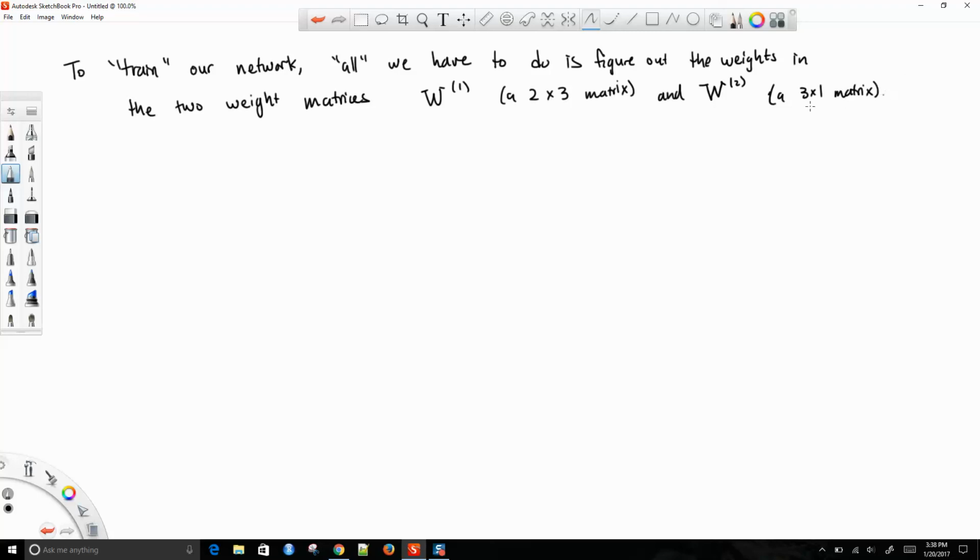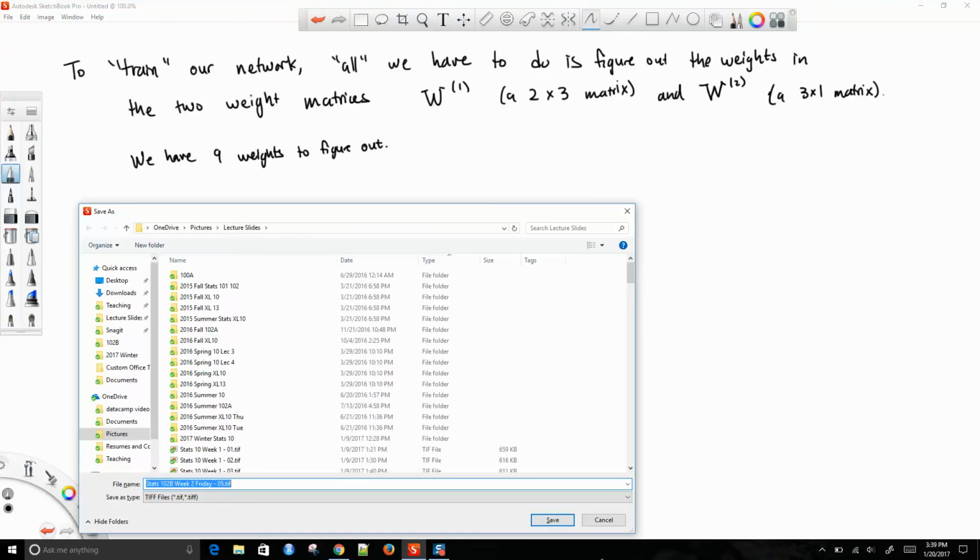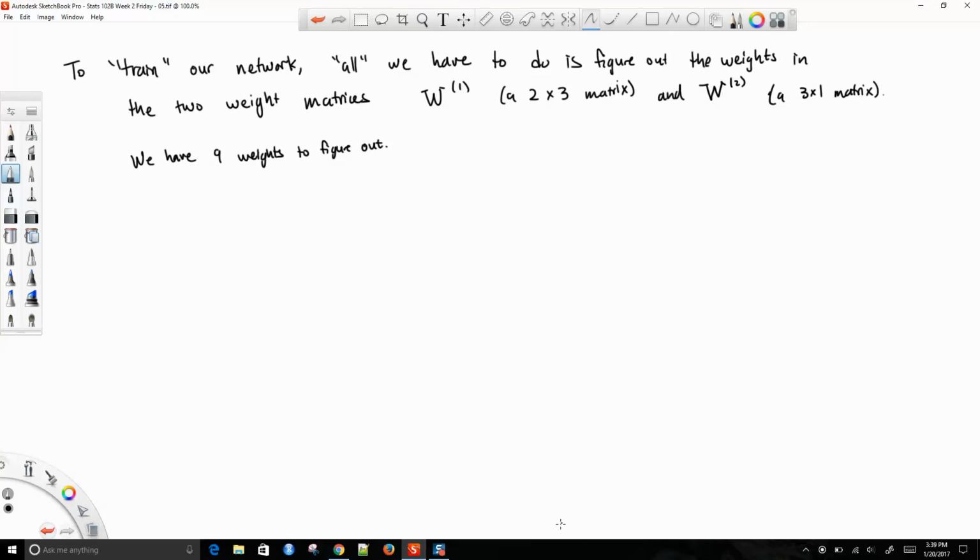So we have 9 weights to figure out, and we want to figure out those weights with respect to the loss function. We're going to define our loss function as a way to measure how good our fits are.